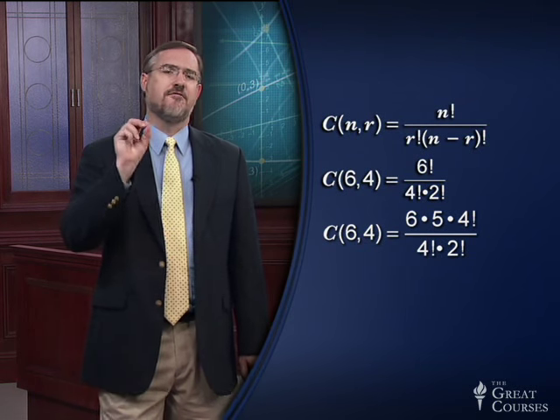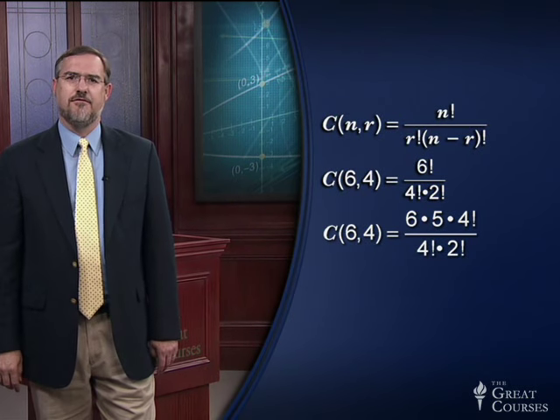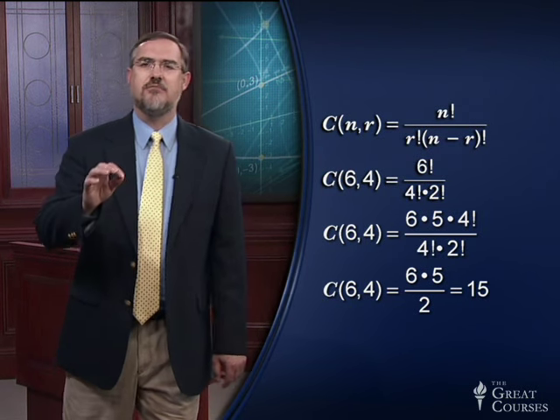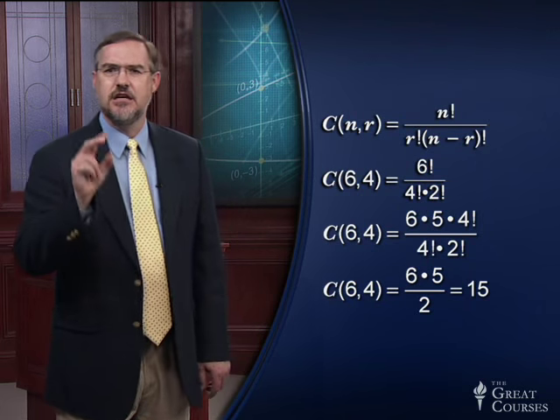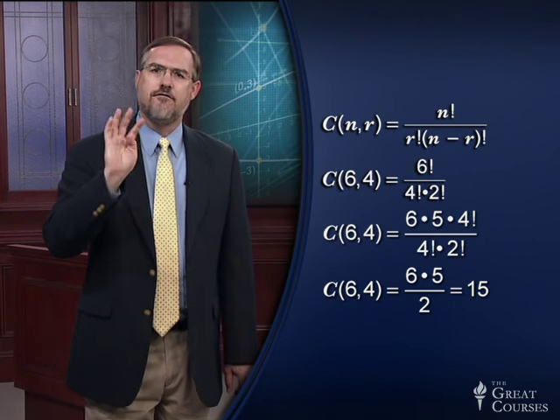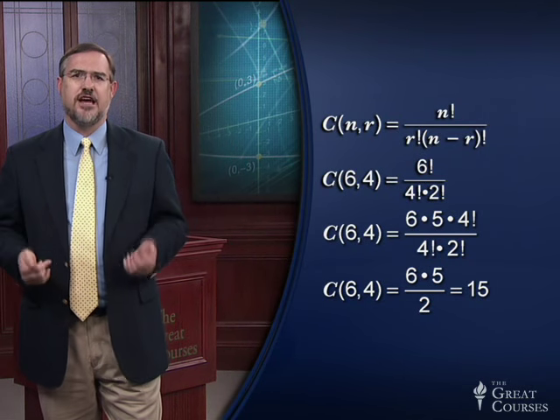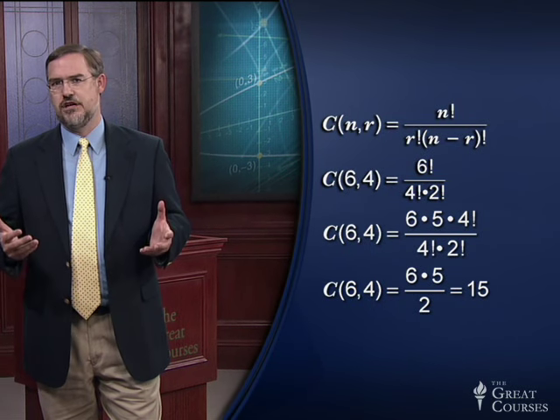The point is, the final result for C of 6 comma 4 is 15. So let's now interpret that number. That's telling me that there are 15 different collections of 4 books that I can choose out of my 6 books in order to take on my summer vacation and read. And again, I don't care what order I pick them in. I only wanted to select them. So 15 is the total number of different ways to take those 4 books onto my trip.